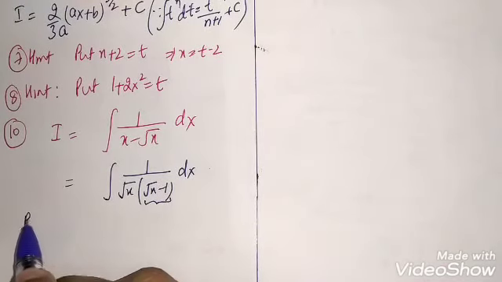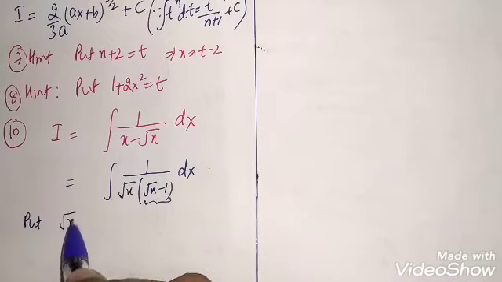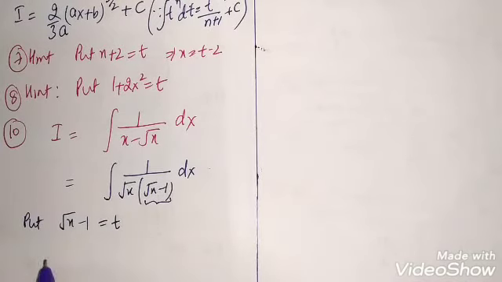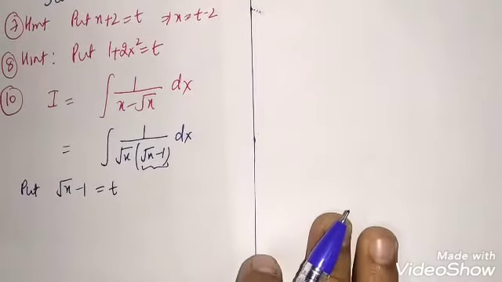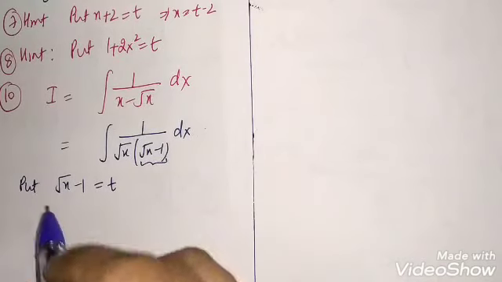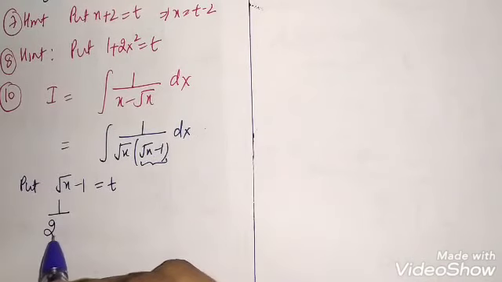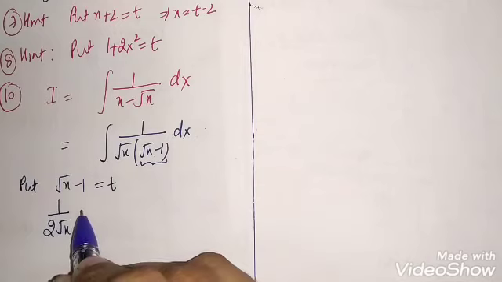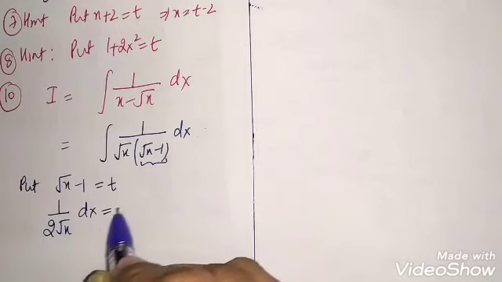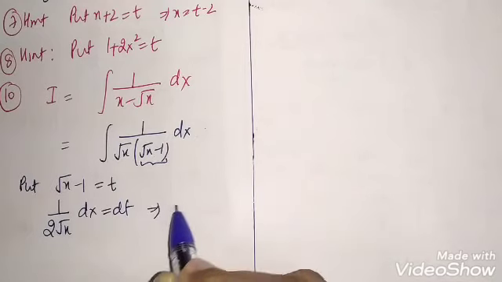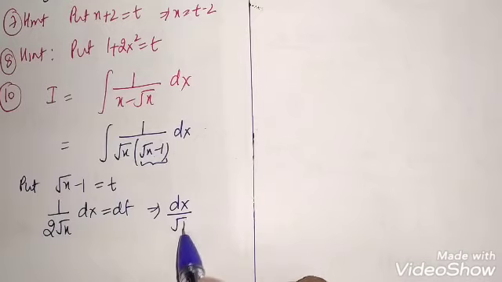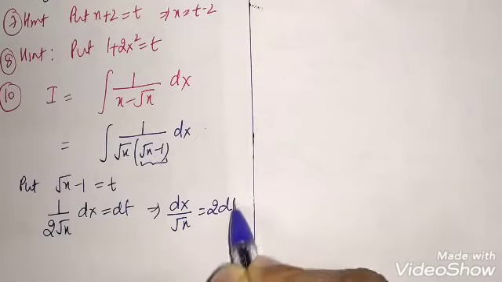Now put root x minus 1 to be t. Differentiating with respect to x on both sides, we have 1 by 2 root x dx equal to dt. This implies dx by root x equal to 2 dt.